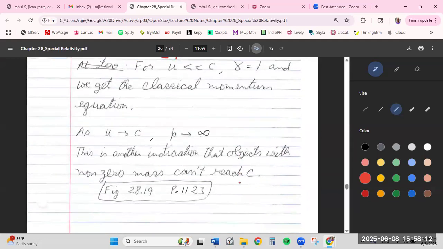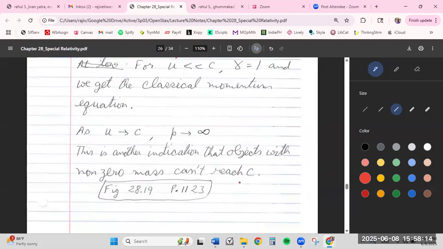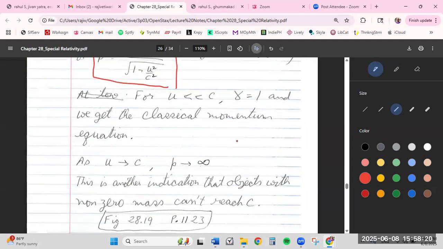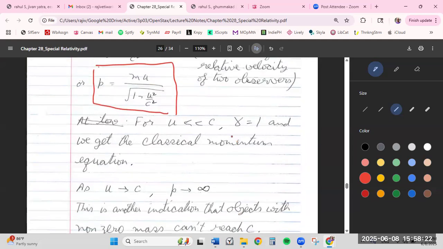On the other extreme, as the speed of the particle approaches the speed of light, as u approaches c, p approaches infinity. And again, you can see in this equation, if u is equal to c, then the second term in the radical is 1, and then 1 minus 1 is 0.